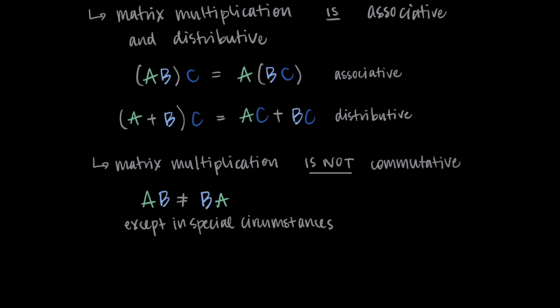But even if you can do the matrix multiplication, you really can't assume that you get the same thing if you multiply in either direction. So the commutative property does not work for matrix multiplication except in special circumstances where we have certain properties of our matrices.